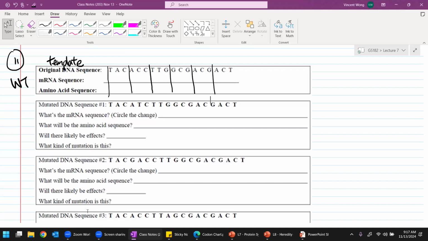Do you copy it, or do you have to do base pairing? That's the base pairing. A pairs with U, T pairs with A, C pairs with G.